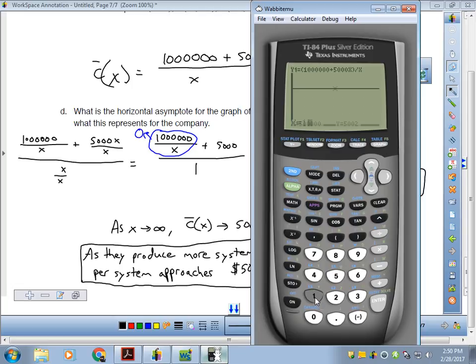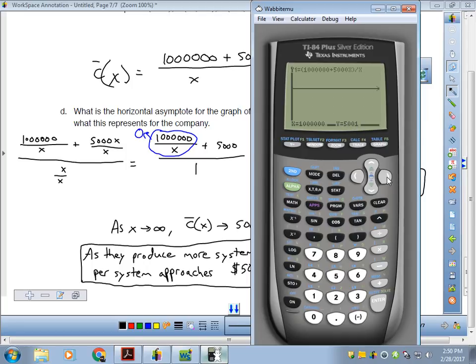So if you look, when I only make one system, when x is 1, this is how much it costs. It costs 1,005,000. But if I build 100, the cost jumps down to 15,000. If I build 1,000, like we checked earlier, the cost drops to 6,000. What if I had built 1,000,000? When I build 1,000,000, the cost has dropped all the way down to $5,001.